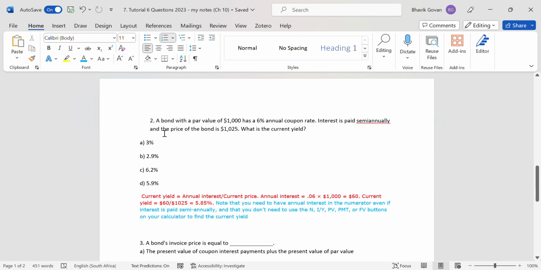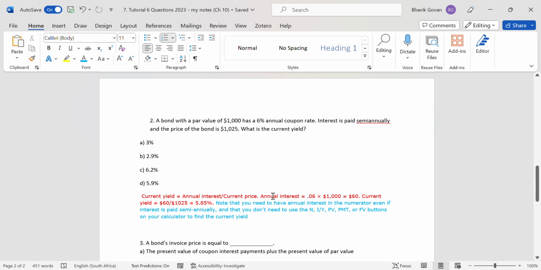Question 2. A bond with a par value of 1,000 has 6% annual coupon rate. Interest is paid semi-annually, and the price of the bond is 1,025. What is the current yield? So we looked at current yield in the written section. Current yield is your annual interest over your current price or present value of your bond.